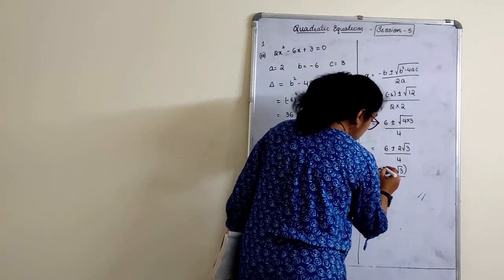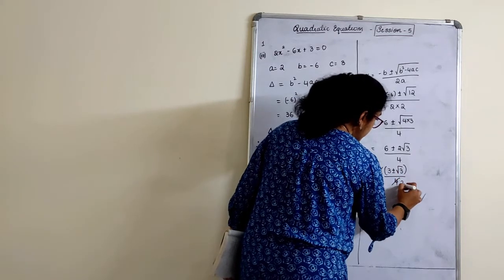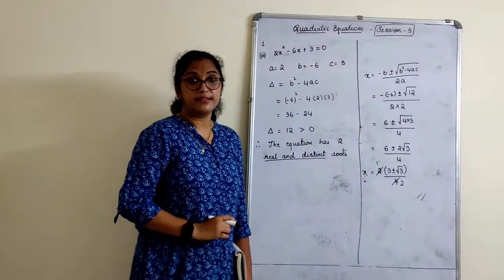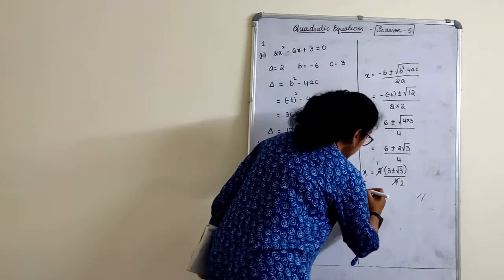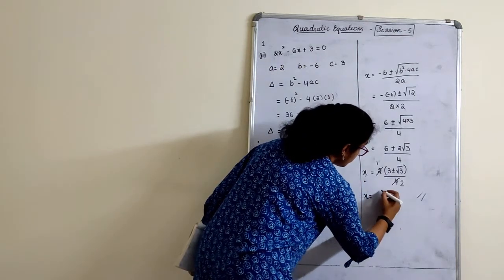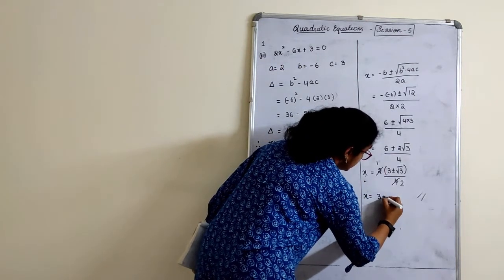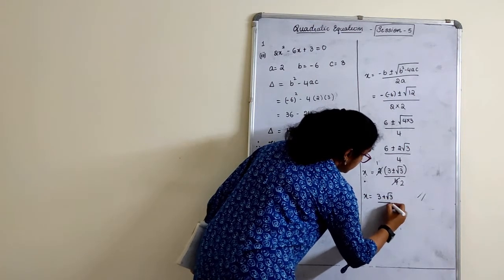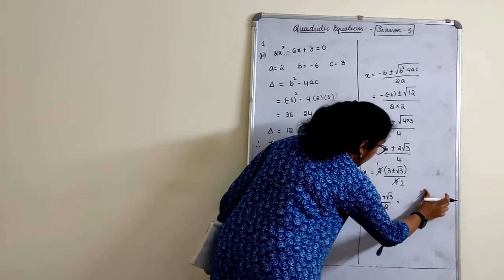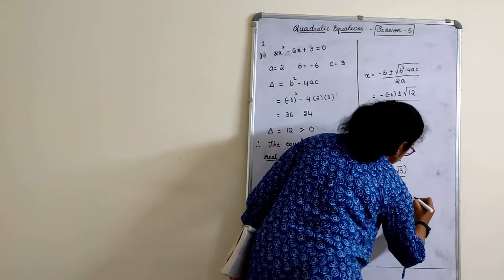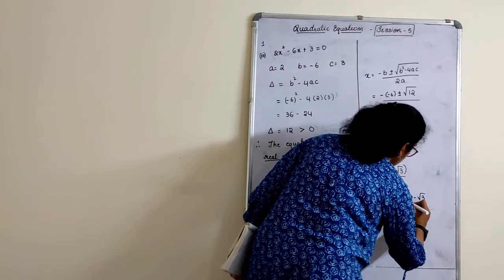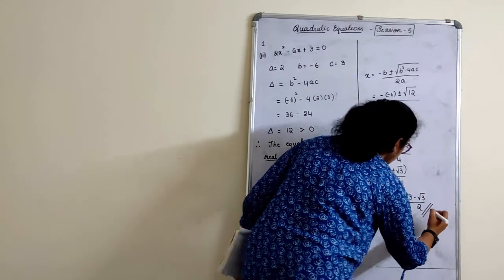X is equal to, now 2 1s are 2, 2 2s are, it can be cancelled. Okay. X is equal to 3 plus root 3 by 2 and 3 minus root 3 by 2.